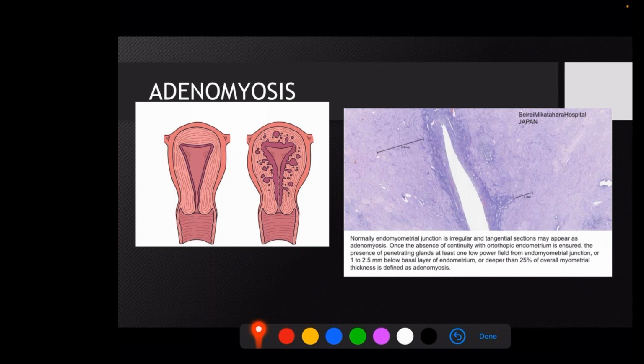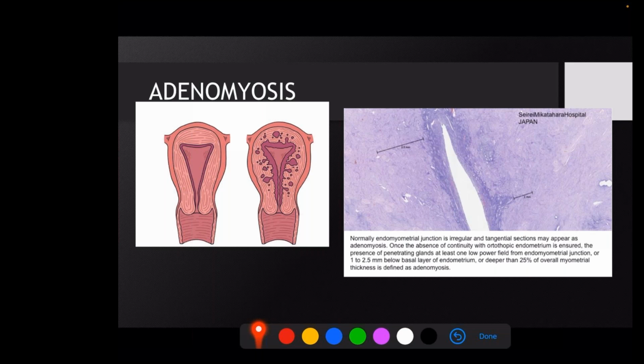Then another type is localized adenomyosis, called adenomyoma. It grossly resembles a leiomyoma or fibroids, but it has much difference from fibroids. Fibroids are encapsulated, with a thick shield like a coconut shield, but this adenomyoma has no shield or outer covering.